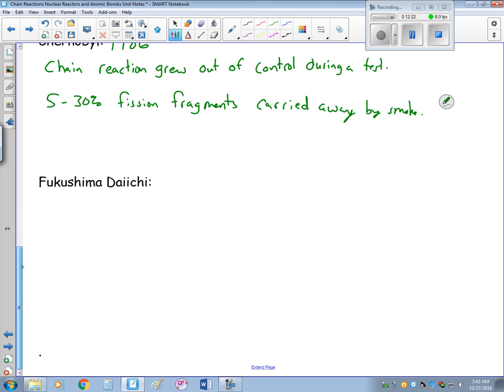Now, the Fukushima Daiichi, this one is the most recent. It happened in 2011. And basically, what happened was a major earthquake and a 15-meter tall tsunami disabled the power supply cooling 3 reactors.